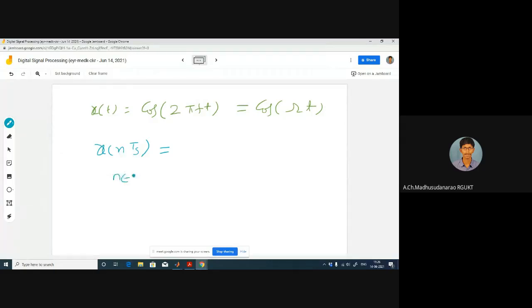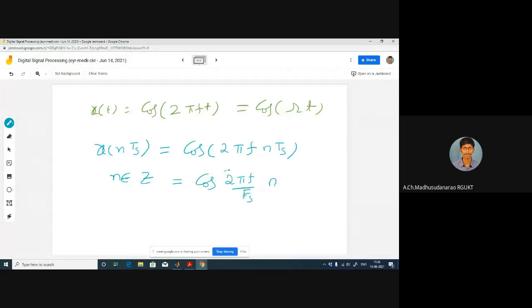N belongs to the integer numbers, Z. This can be any negative integer, positive integer, or including 0. If I replace t with nTs, then I get cos 2 pi f into nTs, and this can be written as cos 2 pi f by fs into n.